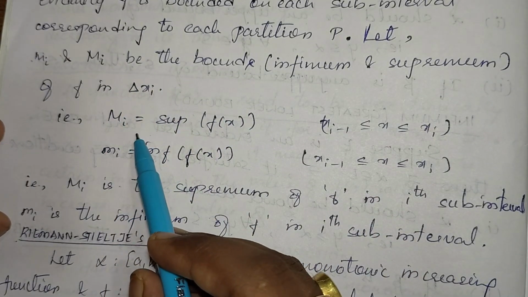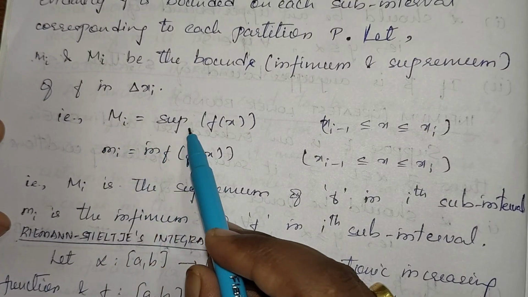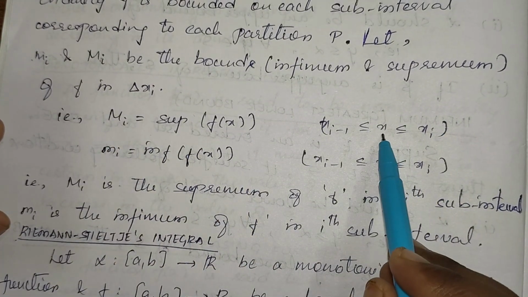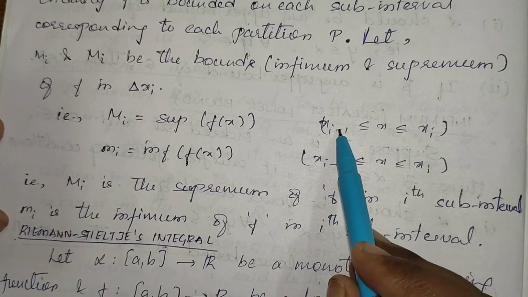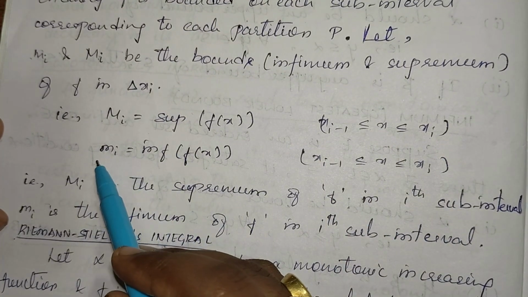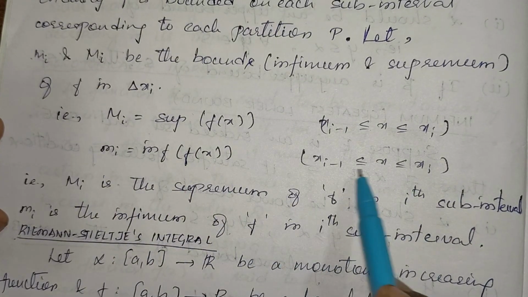Mi is the supremum of f of x where x is in between xi minus 1 and xi, and small mi is the infimum of f of x in this interval.